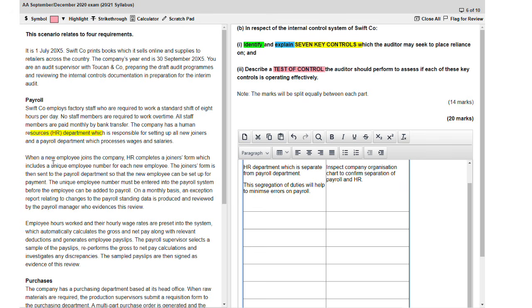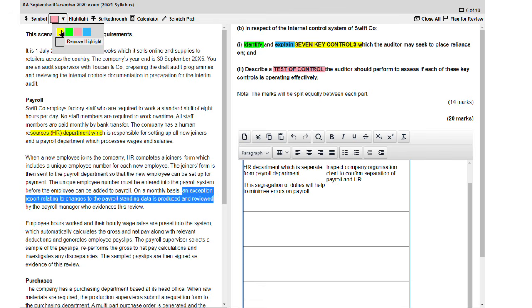They talk about each employee having a unique employee number and the fact that that will make sure that the payroll department can't put people on the staff, there we are, unless that employee number is on there. So you could use that as a control, and that's a strong control. Or also, they've got this other control here, which is the one I'm going to pick up. Every month, there is an exception report about changes to standing data.